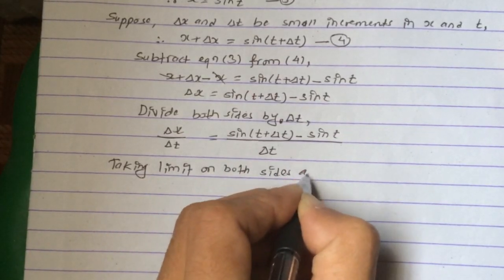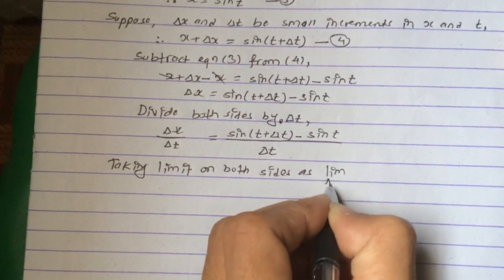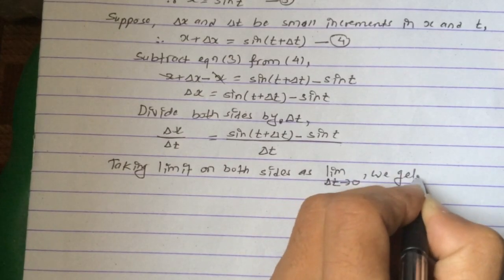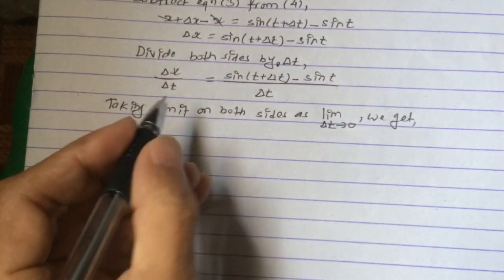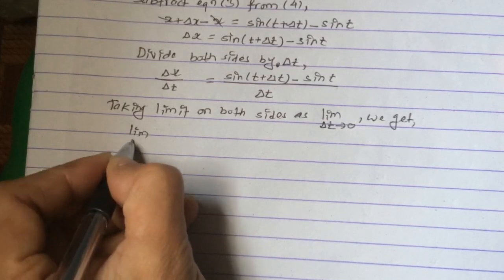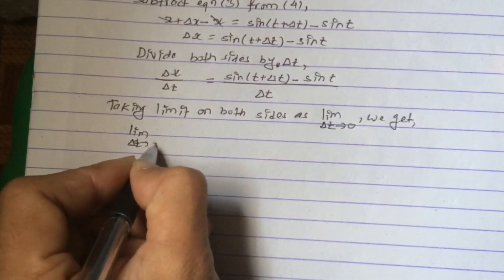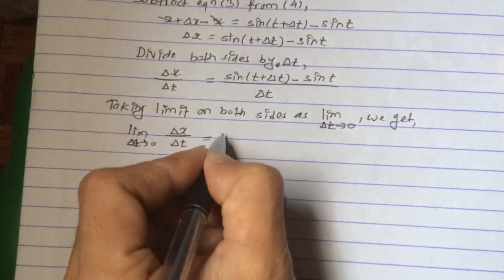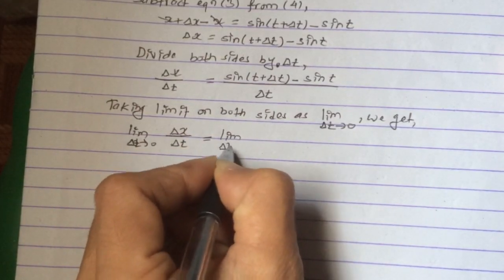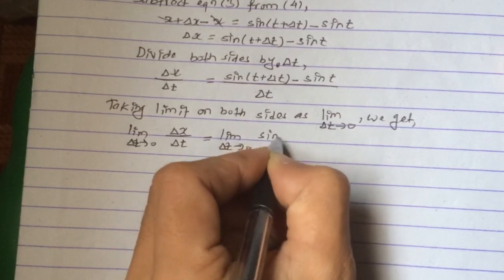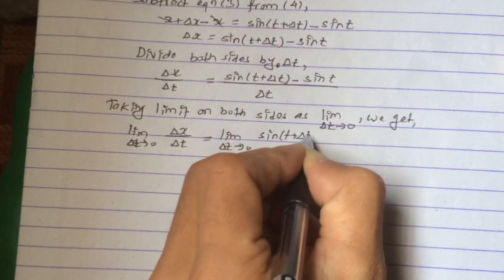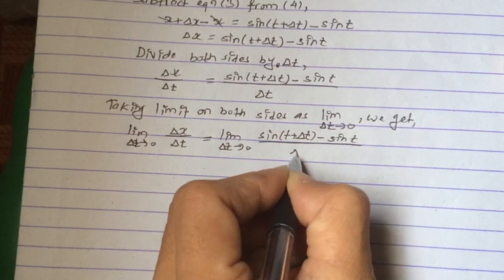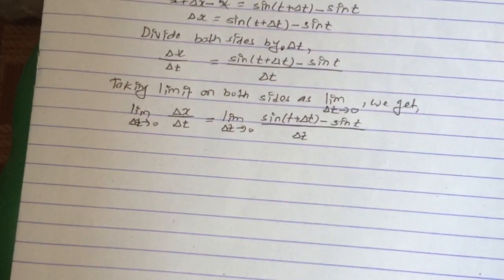Now taking the limit on both sides as del t tends to 0. This means del t has a very small value, very close to 0. Then we get limit del t tends to 0 of del x divided by del t is equal to limit del t tends to 0 of sine of t plus del t minus sine t whole divided by del t.